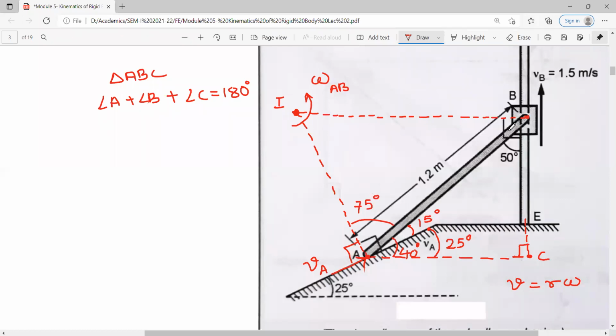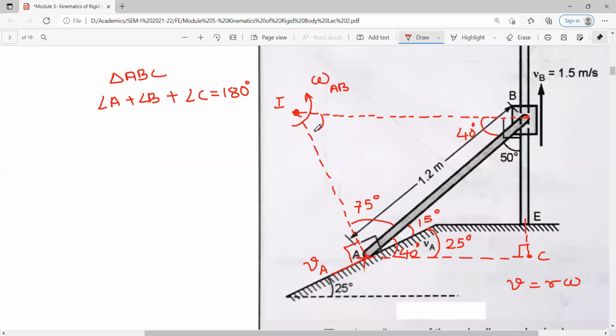Here again velocity and radius total 90 degrees. So out of 90 degrees, this one is 50 degrees. Remaining will be 40 degrees. So this is 40 and this is 75.